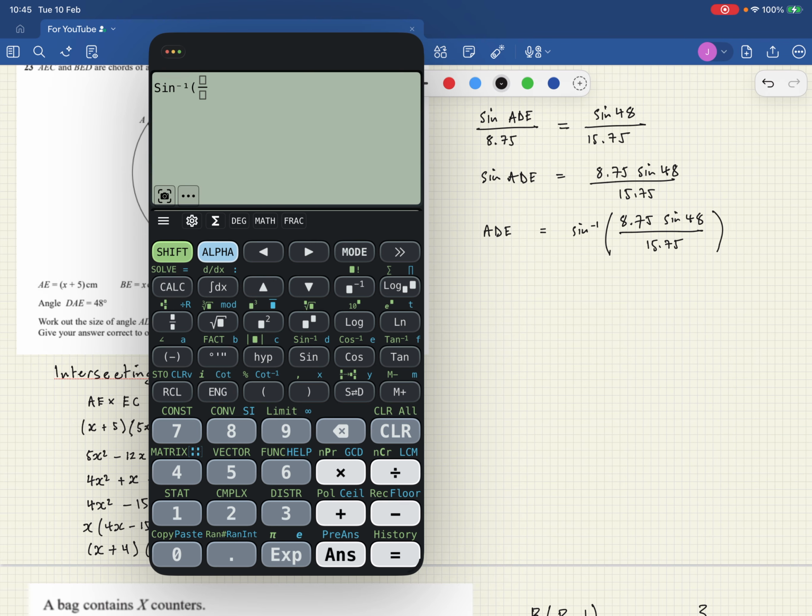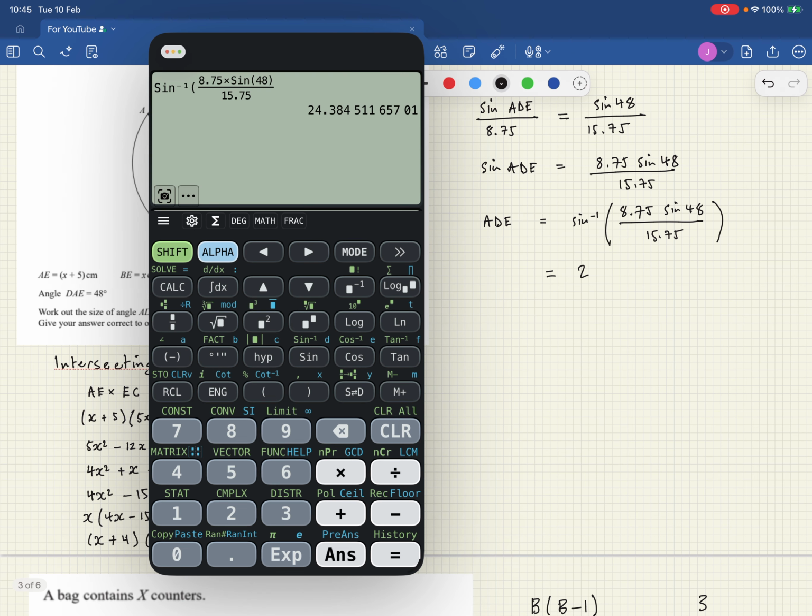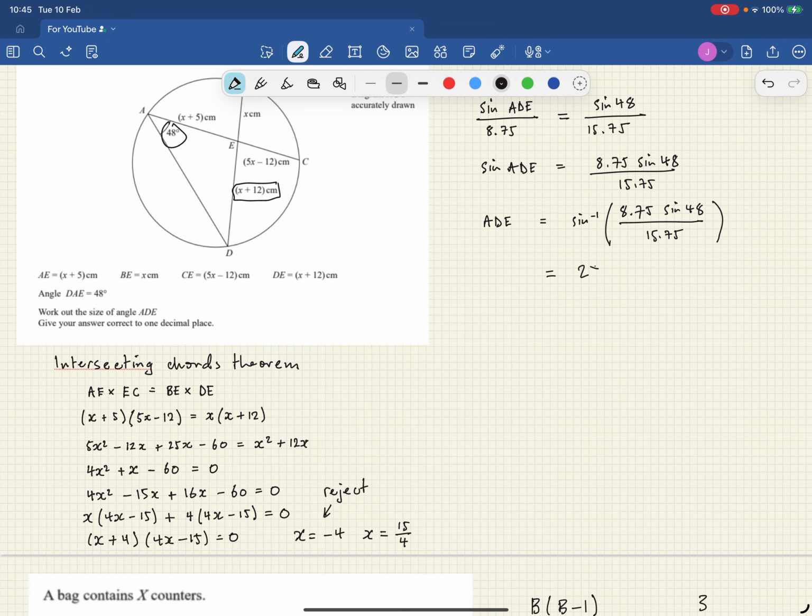On the top I've got 8.75 times the sine of 48, close bracket, and on the bottom I've got 15.75, and that's given me 24.384, etc. But the question's asked for one decimal place, so 24.4 to one decimal place. And that's your answer.